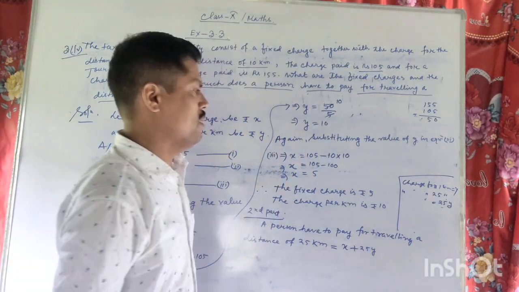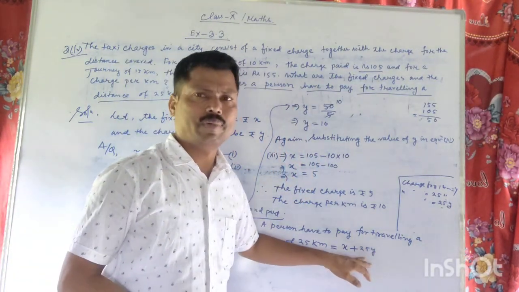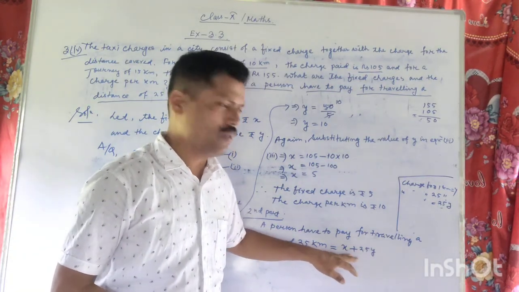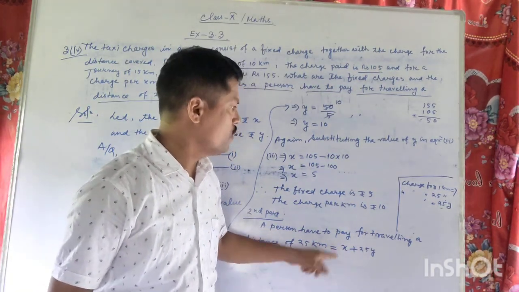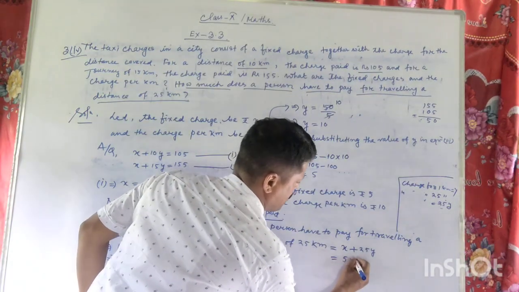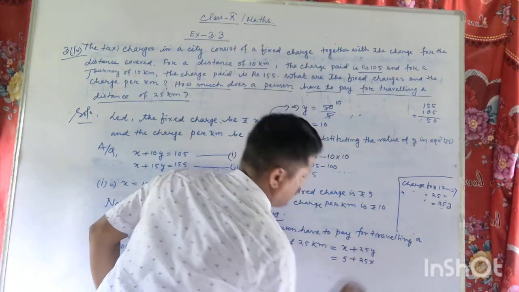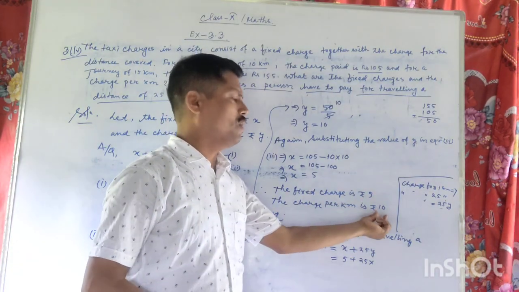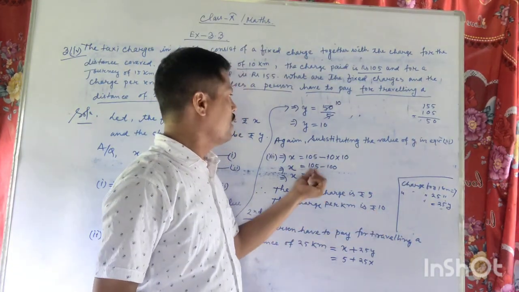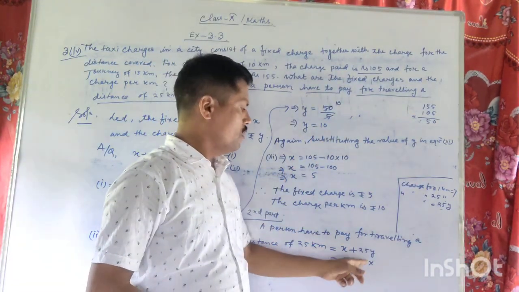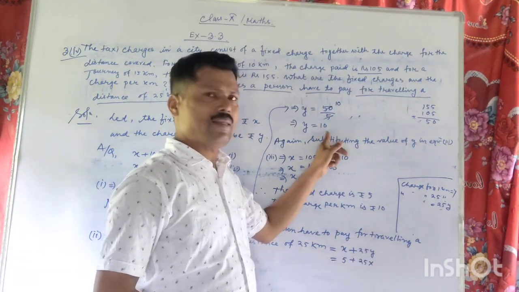This is the surge for 25 kilometer. This one is the kilometer-wise surge and this one is the fixed surge. So we got the x value as 5. Just put here 5 plus 25 into the y value, that is the surge per kilometer, which is 10. So 25 into y, that is 10.